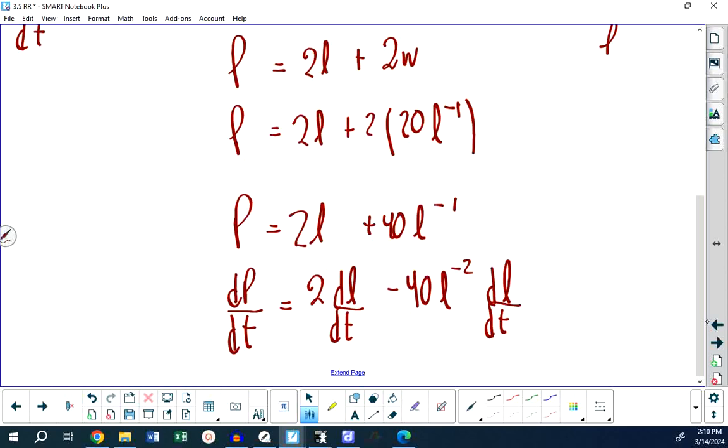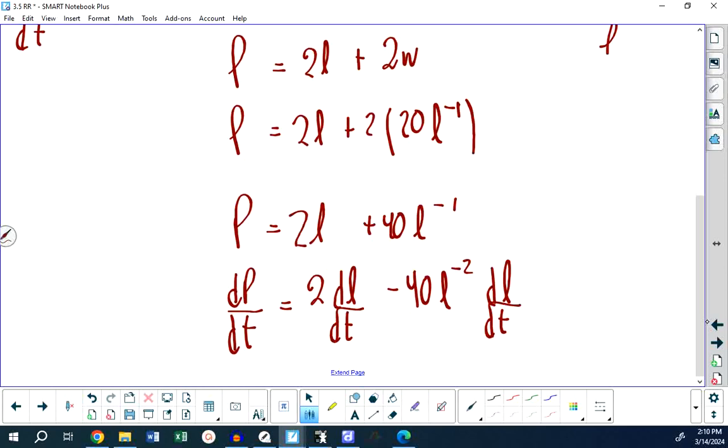Why is it minus 40? Pardon me? Why is it minus 40? Because I swing this negative 1 out in front and multiply by the 40 to get negative 40. And then it's L to the negative 2 because I have to subtract 1 from the exponent on L. And then, of course, it's times dl/dt because I'm differentiating with respect to not L, but with respect to t.